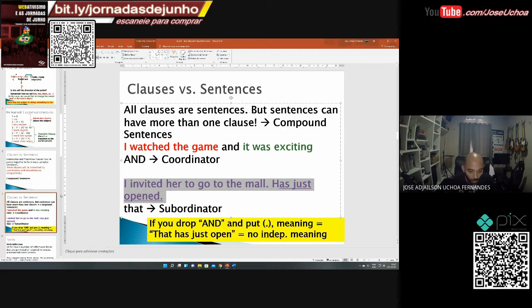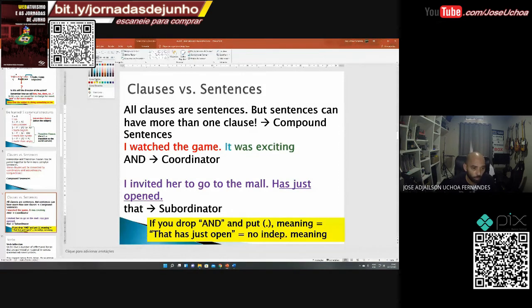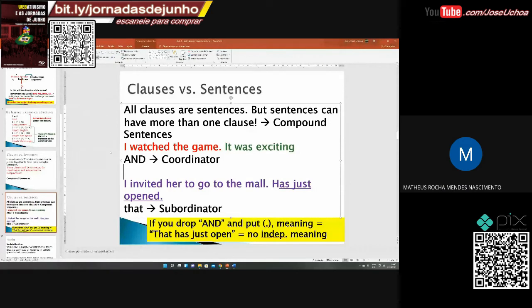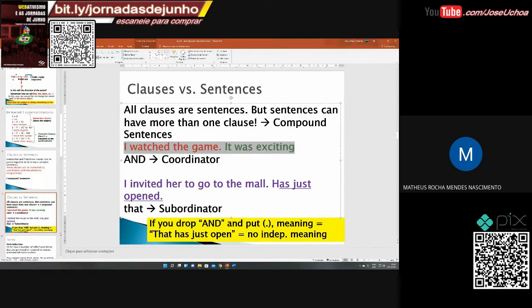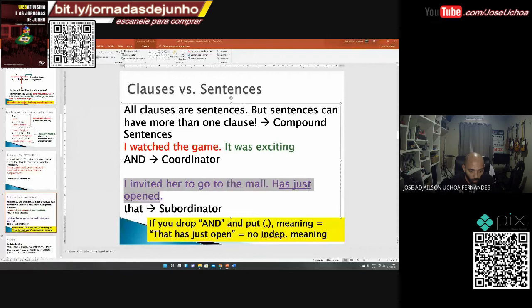Essas duas ideias se encaixam tão bem quanto aqui? Essas duas ideias se encaixam como uma sequência lógica? I watched the game. It was exciting. Yes. E essas duas aqui? I invited her to go to the mall. Has just opened. Elas se encaixam na sequência lógica? Não.